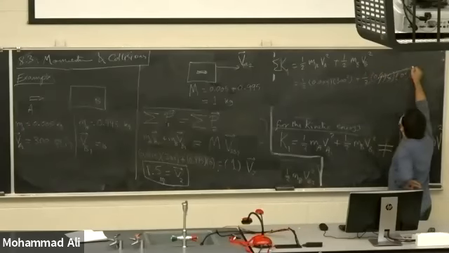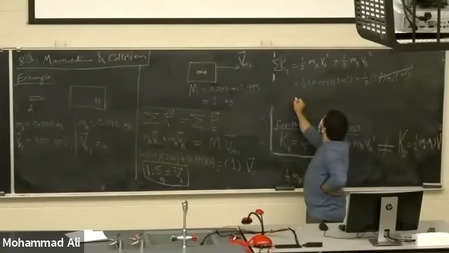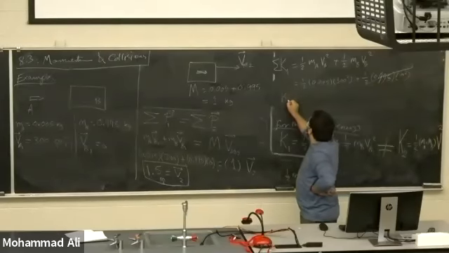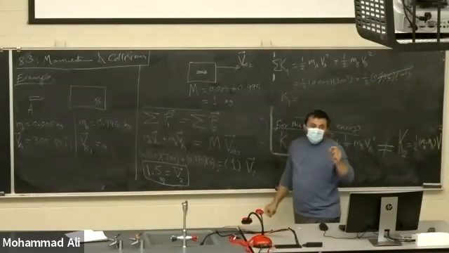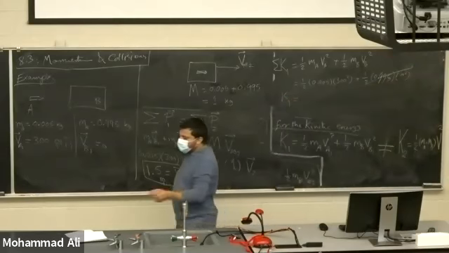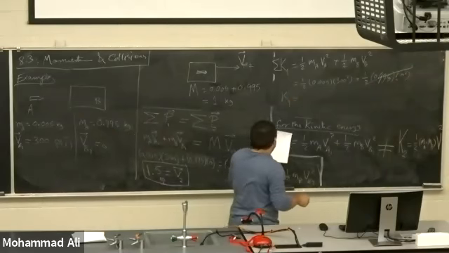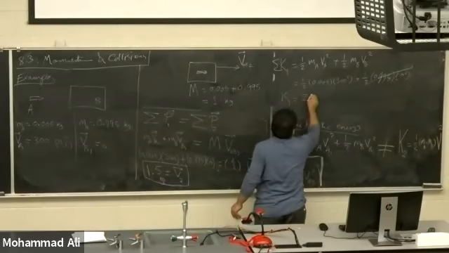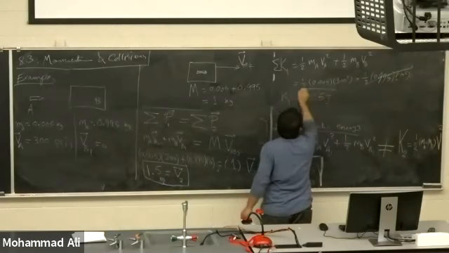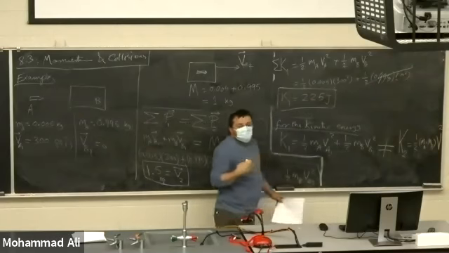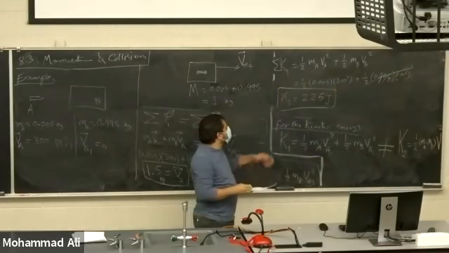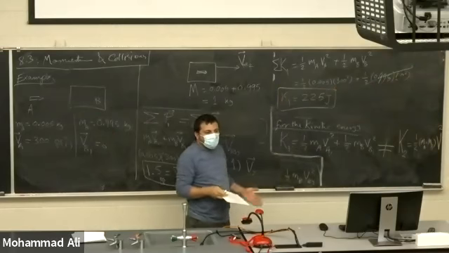This will be equal to 0. This will be the kinetic energy before. It just comes from the contribution of the kinetic energy of the bullet, which is equal to 225 joules. Our system contains 225 joules before the collision.